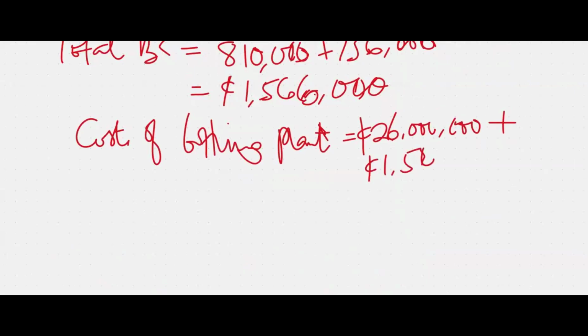In total, we are going to have 27,566,000. This will be the actual cost of the asset.